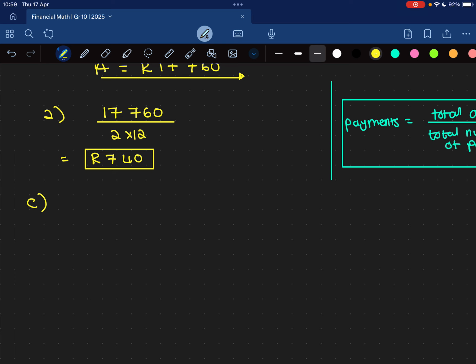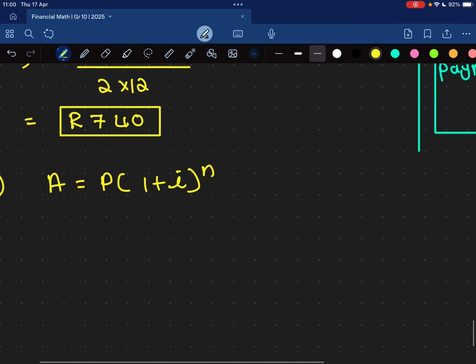Okay, so first of all, when you read the question, first step, identify the type of interest you're working with. You can see it says compound interest rate. So we know it's compound interest, which means A is equal to P(1 + i) to the power of n. They want to know the amount at the end of the 2-year period, so they want the A value.